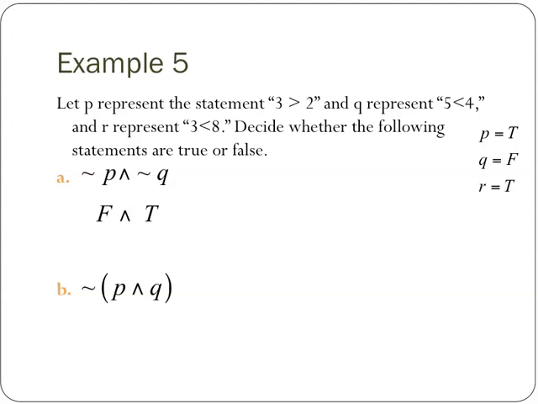If the first statement is false and the second statement is true, then the conjunction, false and true, is going to be false, because in order for a conjunction to be true, they both have to be true. So this is going to be false.